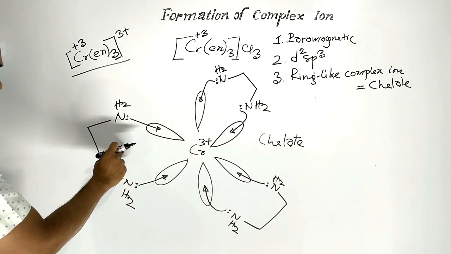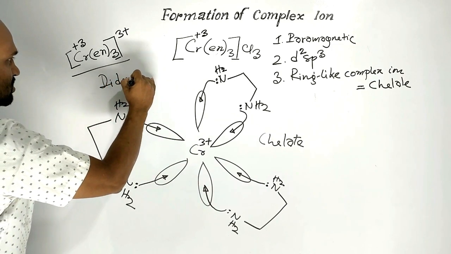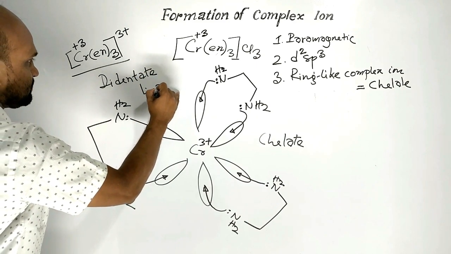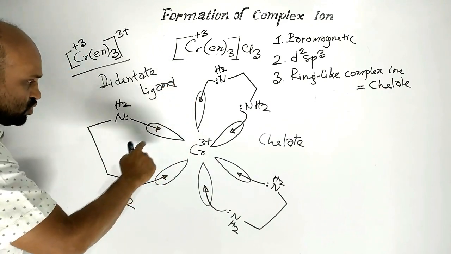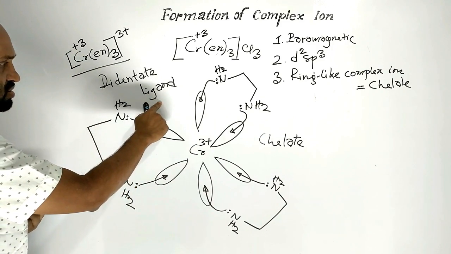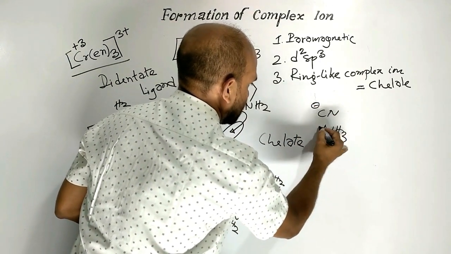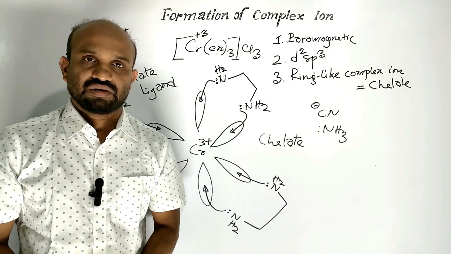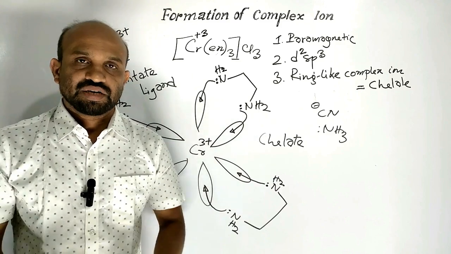For this reason, this is a kind of didentate ligand. A ligand that can form two coordinate covalent bonds is known as a didentate ligand. But cyanide ion and ammonia are monodentate ligands. Another kind of ligand, the polydentate ligand, we will learn in the next lesson.